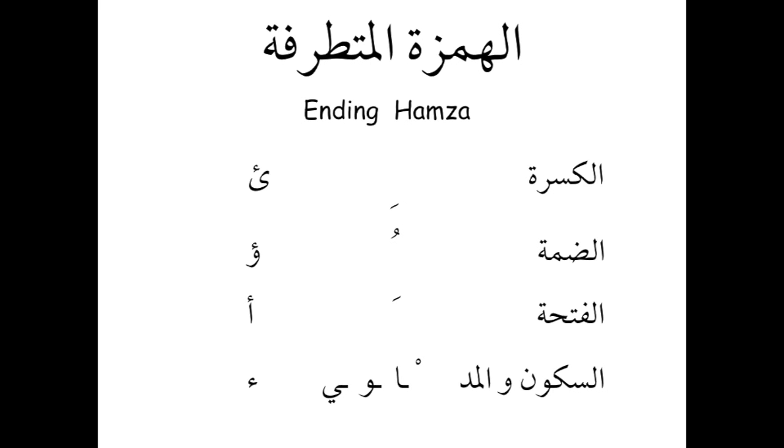So again, we'll look at the vowel of the letter preceding the hamza. If it was a kasra, we write it on a ya. If it was a dhamma, we write it on a waw. If it was a fatha, we write it on an alif. And if it was a sukoon or a long vowel, we write it on its own.